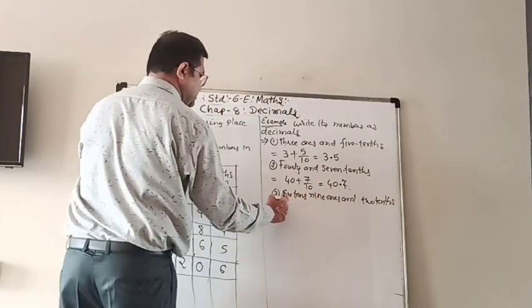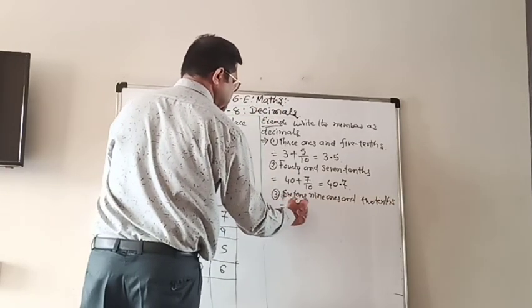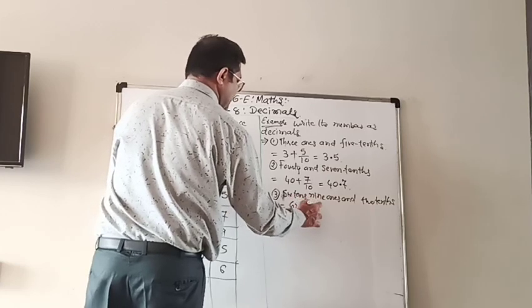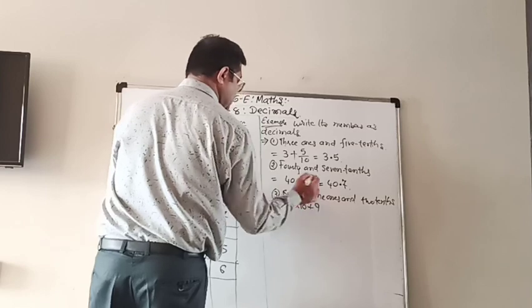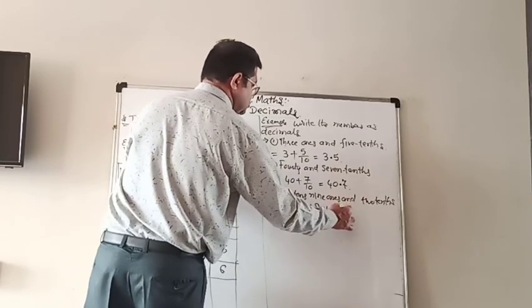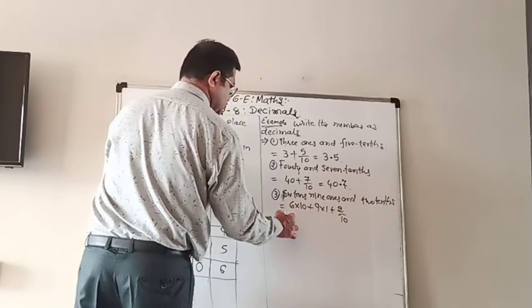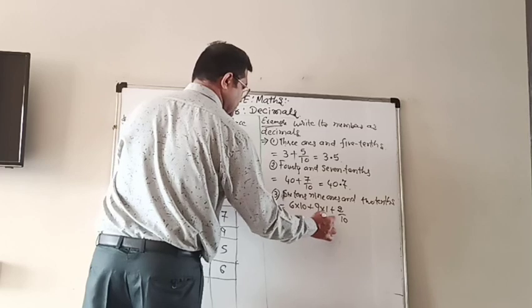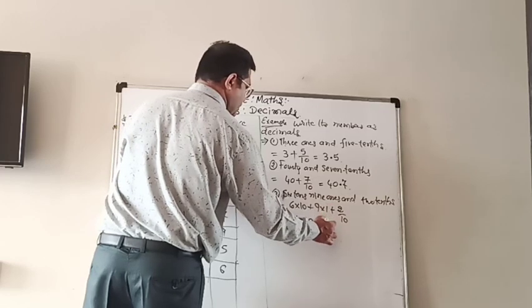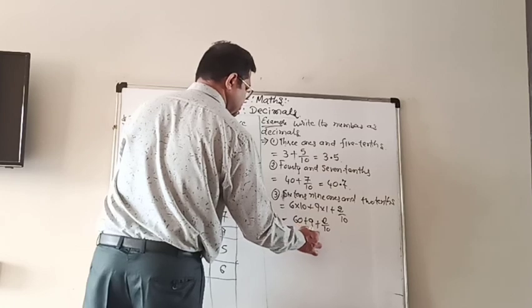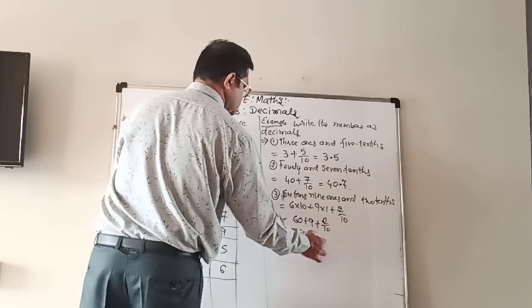So here 6 tens means 6 multiplied by 10 plus 9 ones means 9 and 2 tenths means 2 upon 10. So here 6 tens are 60 plus 9 plus 2 upon 10. So we know that 60 plus 9 is 69. So 69.2.